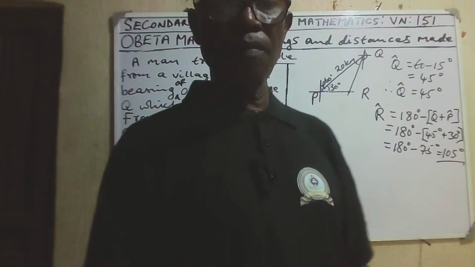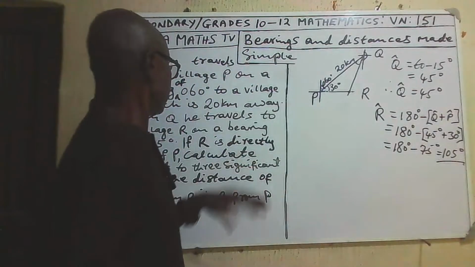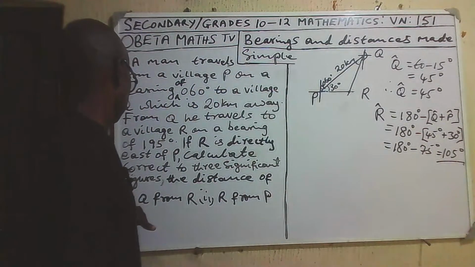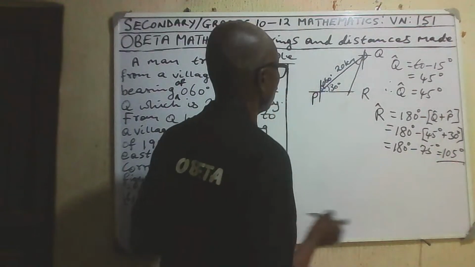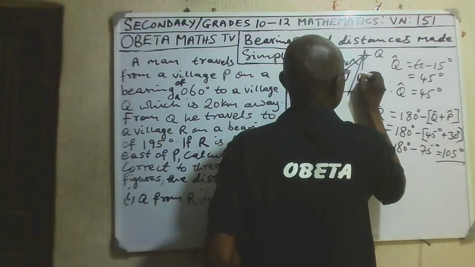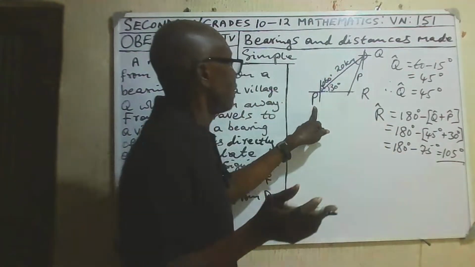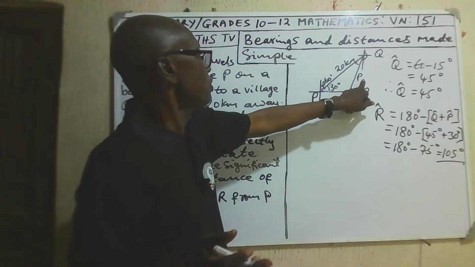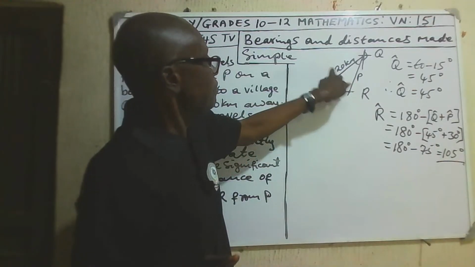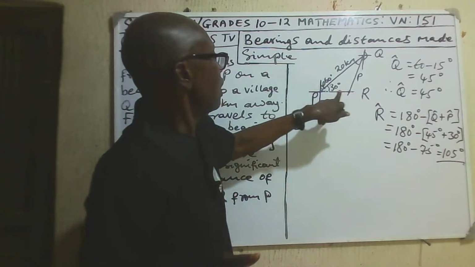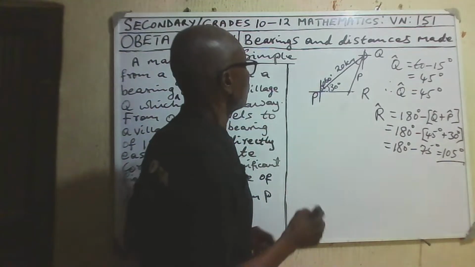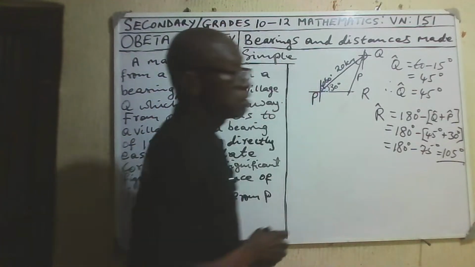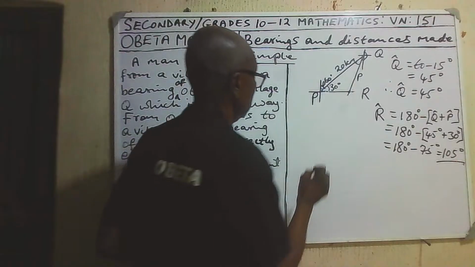So you now come back and check where to calculate the distance of Q from R. So we are looking for small p. The side facing capital P is our small p, the side facing capital R is our small r, and the side facing capital Q is small q. So we are going to apply the sine rule.